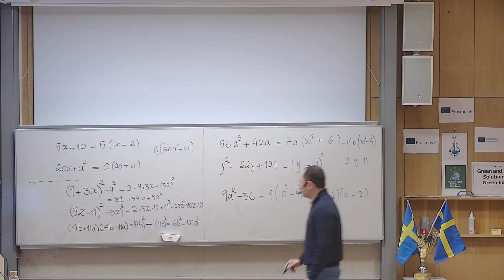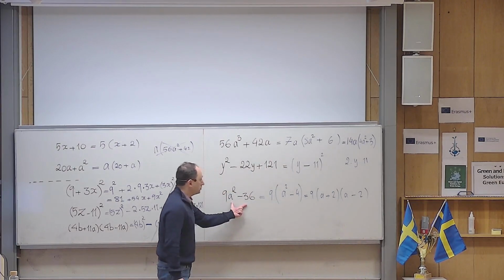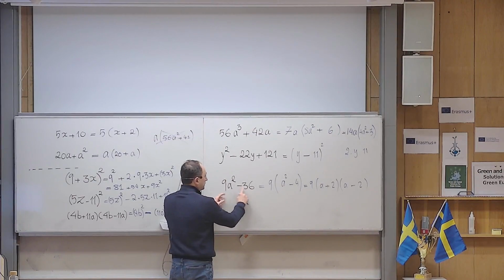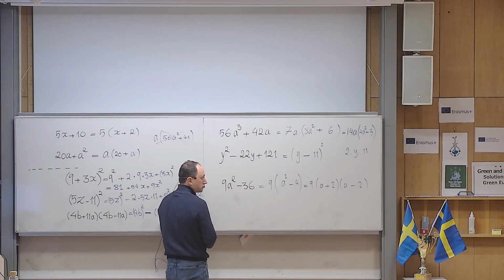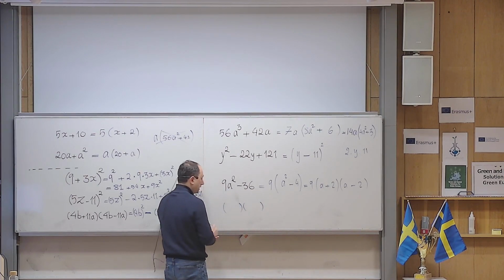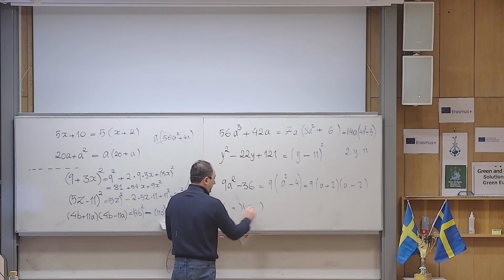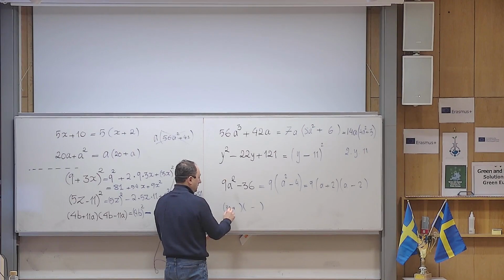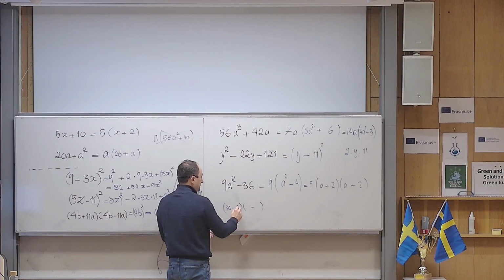So some of you might start with the conjugate rule first. So you say that, okay, this is the difference of two complete squares. So that is also the conjugate rule. I agree with you. So then what do you do? You put two pairs of brackets, one with plus, one with minus. And then you take the square root of this one in your head, it becomes 3a. You take the square root of this one, it becomes 6.